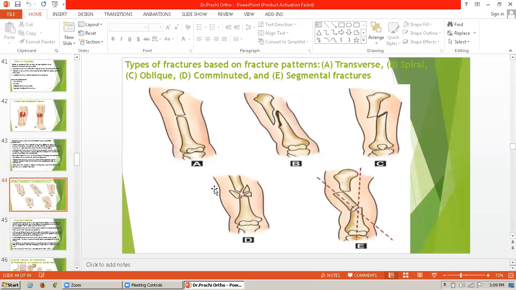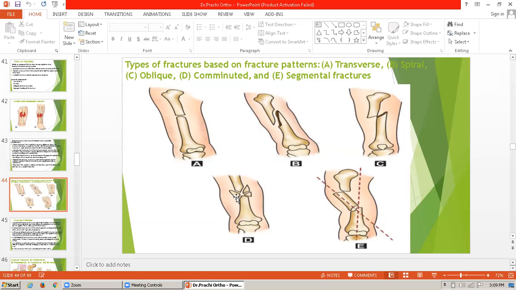In the diagram of the types of fracture based on fracture pattern, this is a transverse fracture, in which the bone is fractured transversely. This is a spiral fracture, in which the bone is fractured spirally. This is an oblique fracture, in which the bone is fractured obliquely.